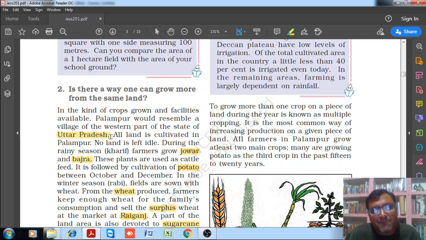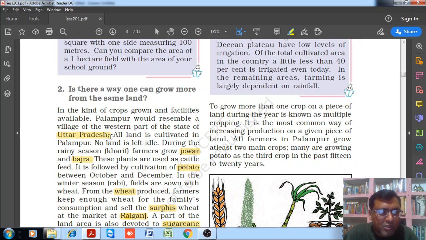As you have seen in the example of Palampur, sugarcane is cultivated there, wheat is cultivated there, potato is also cultivated there, and some other crops are also cultivated there, as per the Rabi crops and the Kharif crops like rice. Paddy is also cultivated there. So when a farmer cultivates different types of crops to grow more from that piece of land, it is called multiple cropping.